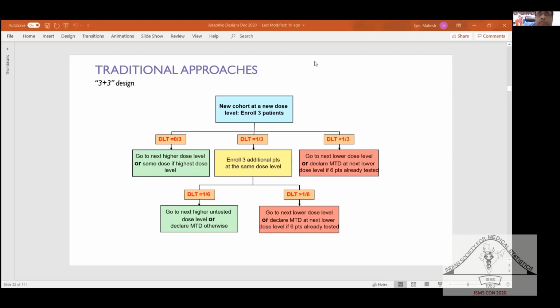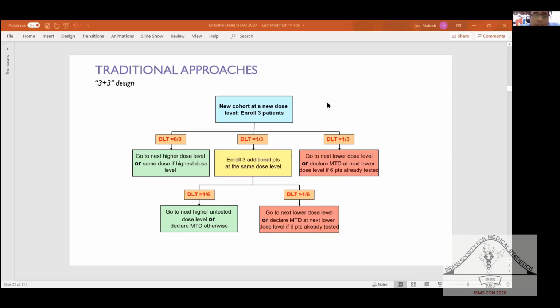Helps, Ravi. Good. So we are now here, which says, what is this 3+3 design? Okay. So what you do is, let's say that you are at a particular dose level, let's say 5 mg. And the next dose level is 10 mg. So what you do is you add 3 patients at the 10 mg dose level.